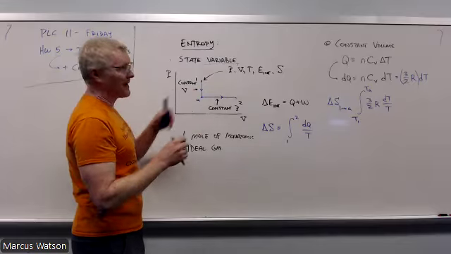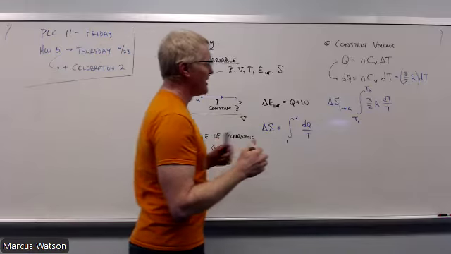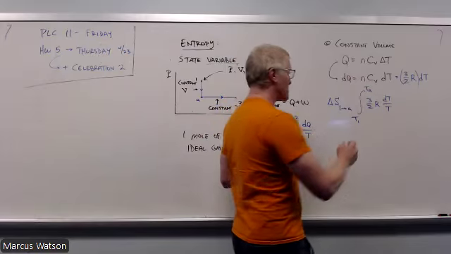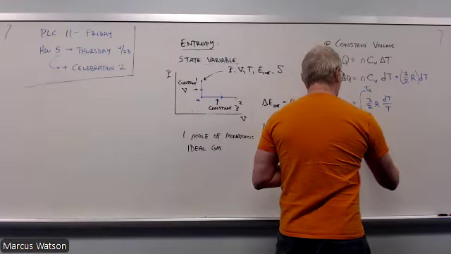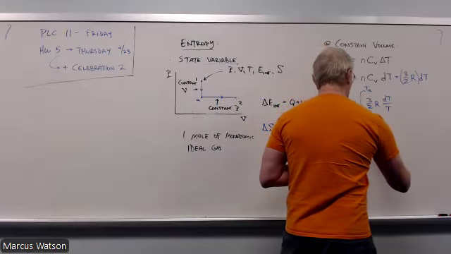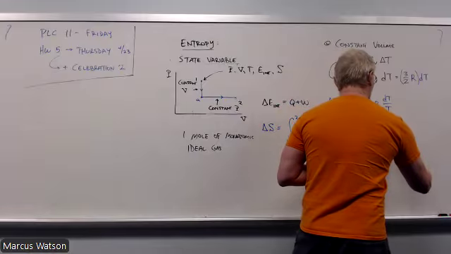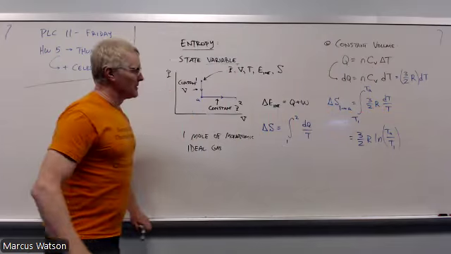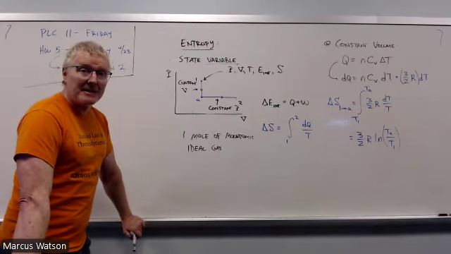As I drop that, I'm removing heat from the gas. The 3/2 R, as a constant, comes out, and you can recognize the dT over T as a natural log, and therefore I'm going to get 3/2 R times the natural log of TA over T1. A quick eyeball of this tells you that it's going to be negative.